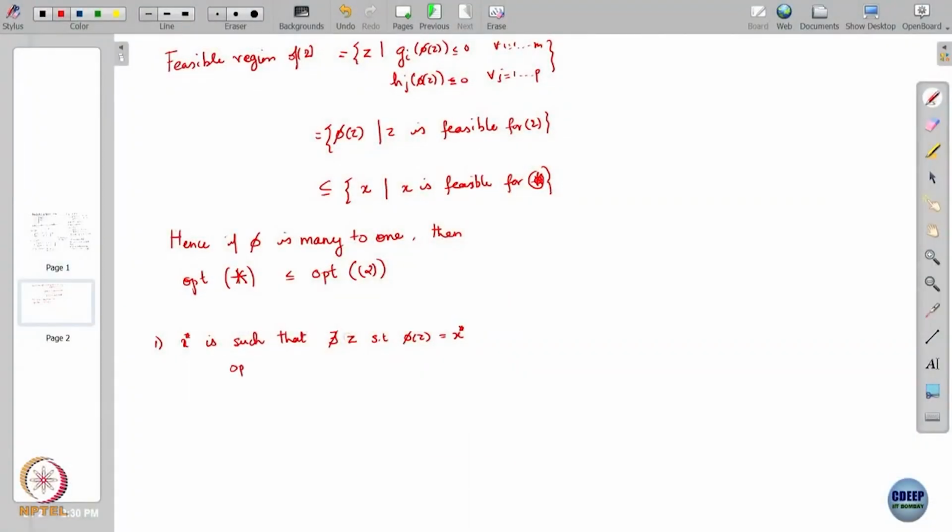All you can say is that the optimal value of star is less than or equal to the optimal value of 2. This is the only thing you can say.